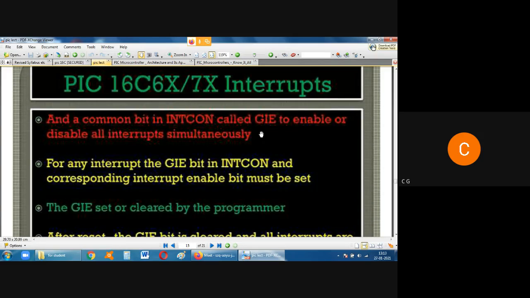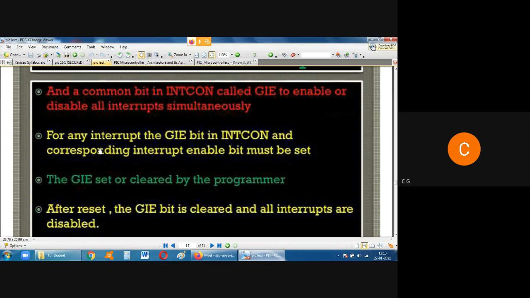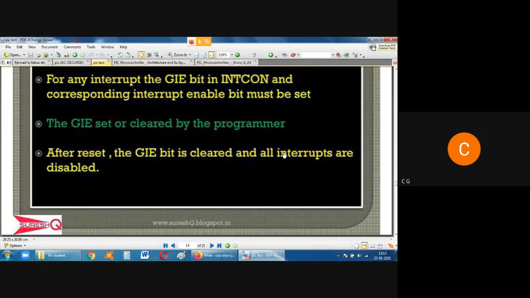So this is GIE, global interrupt enable. G is for global, to enable or disable all interrupts simultaneously. For an interrupt, the GIE bit in the INTCON and the corresponding interrupt enable bit must be set. The programmer can write a program and then clear the GIE.